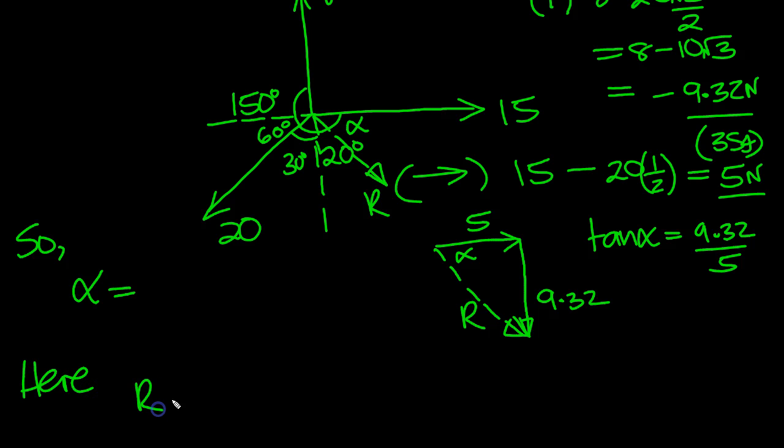The resultant force as a magnitude is equal to the square root of the two sides squared. So that'll be 5 squared plus the 8 minus 10 root 3, squared.